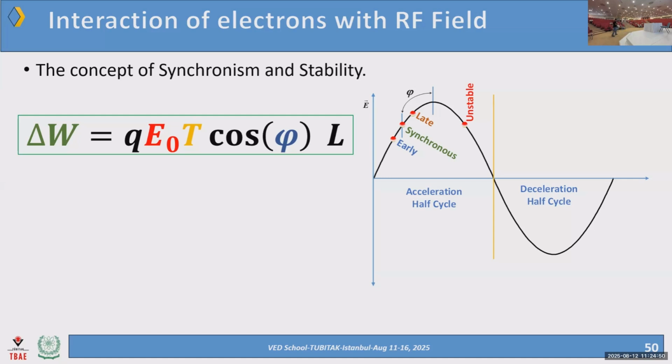What will happen? The synchronous particle will gain a certain amount of energy. All of them will gain, in fact. The particles which are moving faster will gain less energy, because they were presented at a time when the magnitude of the electric field was less.